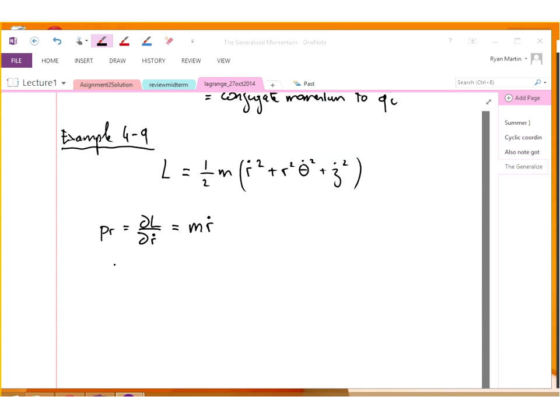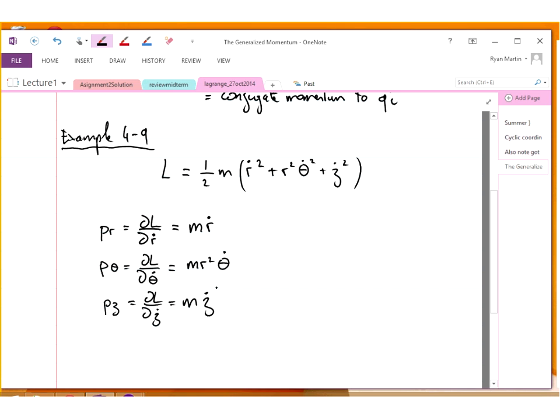We have p_theta, which is ∂L/∂theta dot, and that's equal to m r squared theta dot. And then finally we have p_z, which is ∂L/∂z dot, and that's m z dot.